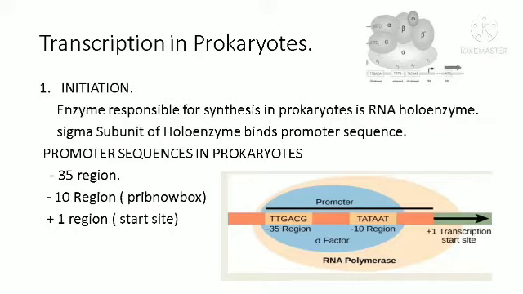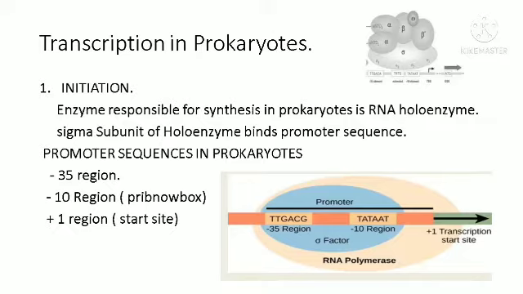This diagram here is showing the RNA holoenzyme, which will have two subunits. You have one subunit known as the sigma subunit, and then you have this subunit here, which will be known as the core enzyme, which will also be made up of different parts.